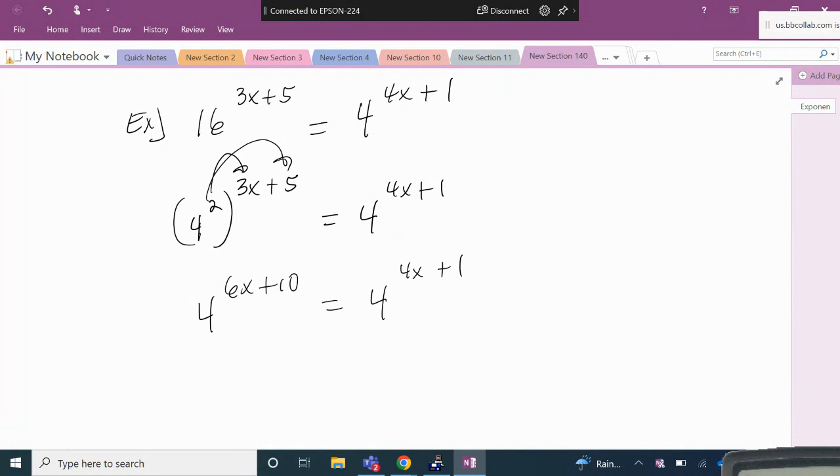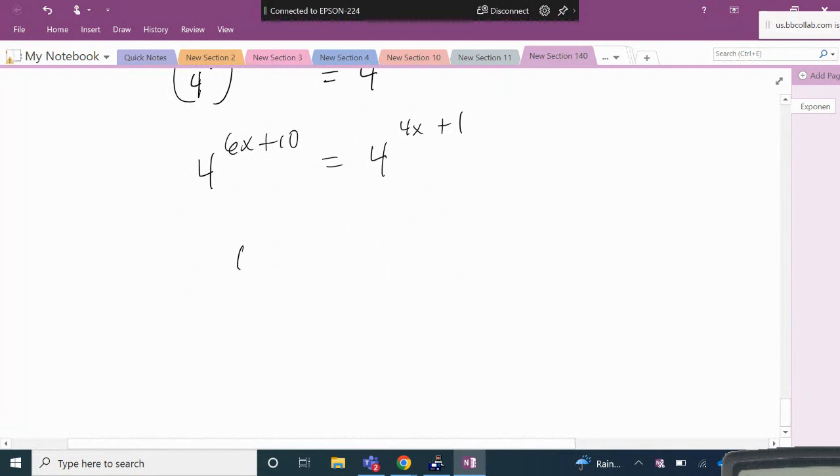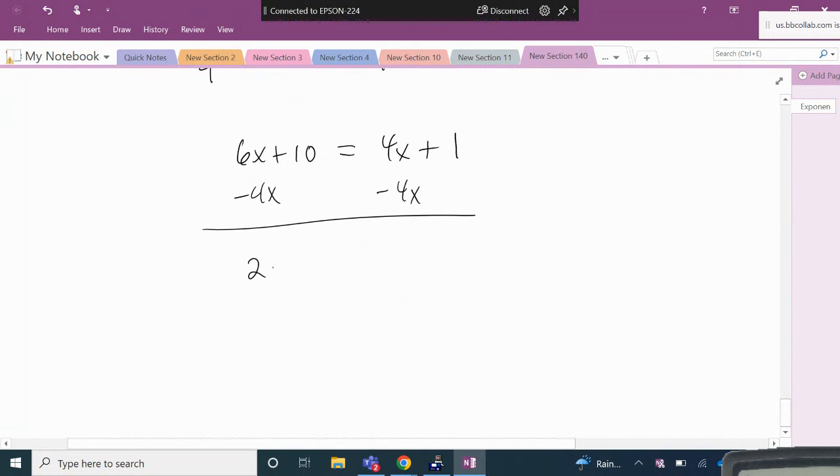We now have a like base of 4, so we're going to drop base 4 and we're going to set our exponents equal. 6x plus 10 is equal to 4x plus 1. And now we're going to solve for x. So I'm going to subtract 4x from both sides. So I have 2x plus 10 is equal to 1.